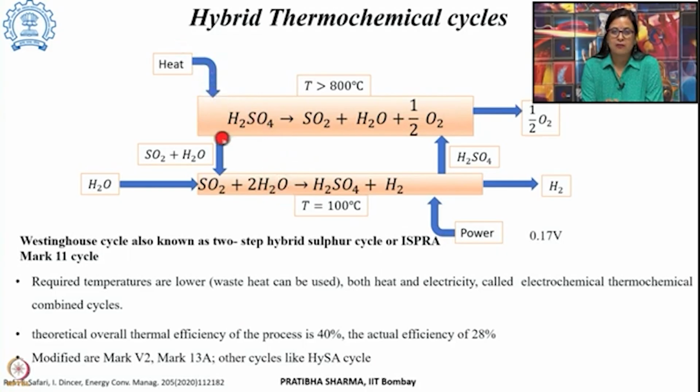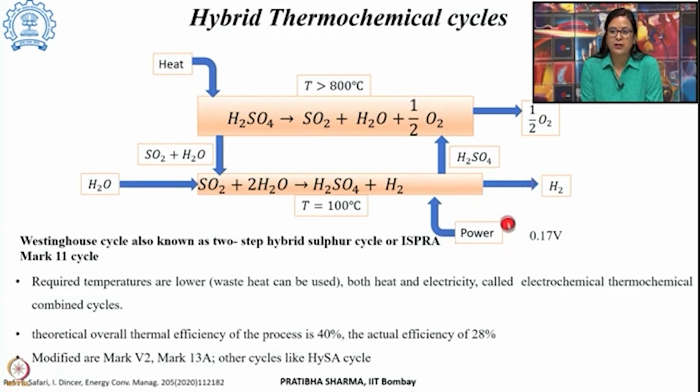In the first step, sulfuric acid decomposes to give SO2, H2O and oxygen. This step occurs at temperatures higher than 800 degree centigrade, and the SO2 produced undergoes hydrolysis to produce sulfuric acid again, and hydrogen is evolved.